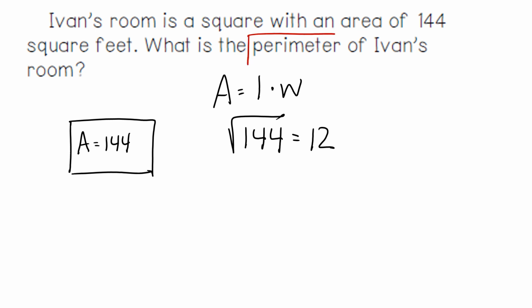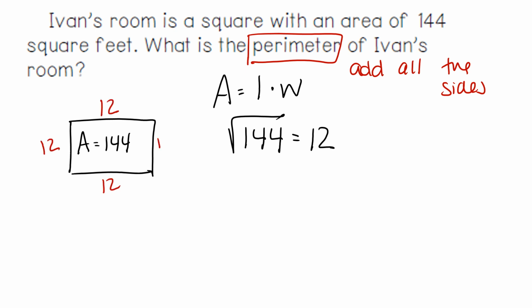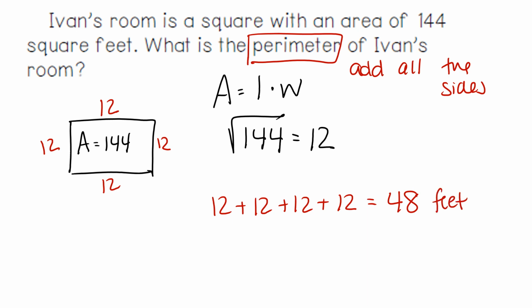However, this question asks us to find the perimeter. Perimeter is when you add all the sides. So in this case, all of our sides are 12. So 12 plus 12 plus 12 plus 12 is going to give us 48 feet. The perimeter is 48 feet.